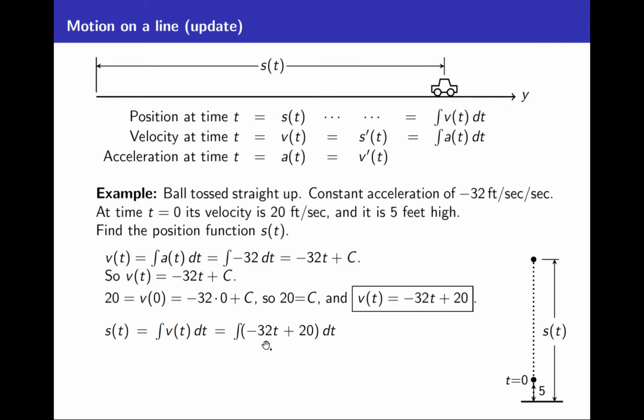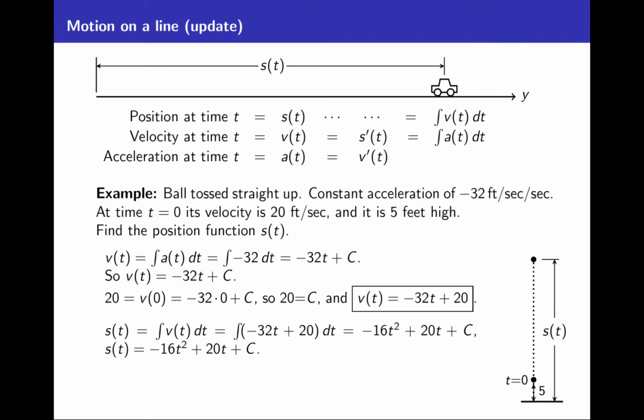That's the integral of minus 32t plus 20 dt, which is minus 16t squared plus 20t plus c, just a standard integration problem there. So we found our s of t almost. S of t is minus 16t squared plus 20t plus a constant that we don't yet know. So to solve our problem and to find s of t, we just need to find c.